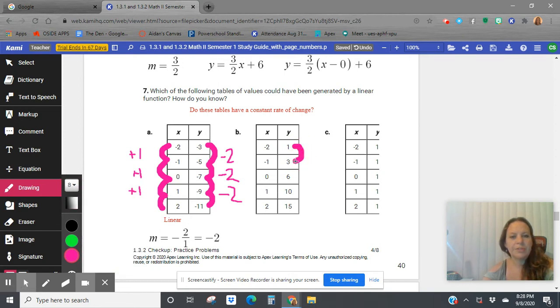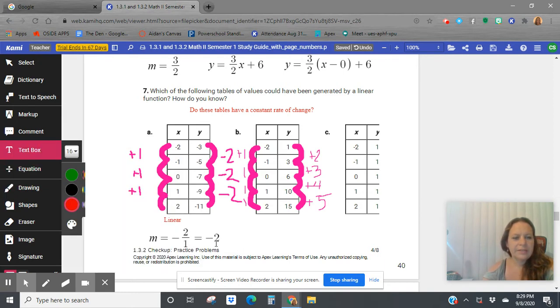This one jumps up 2, up 3, up 4, up 5 for every 1. This is not going up at the same rate. It's going up a different number for every jump.